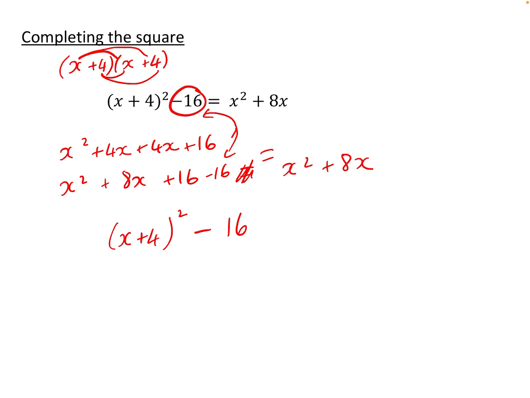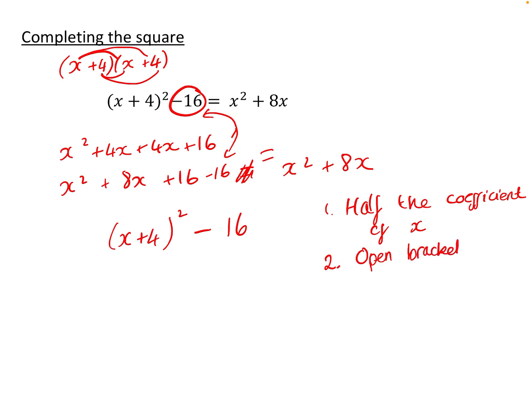So when completing the square, we halve the coefficient of x, open brackets, which look like this.